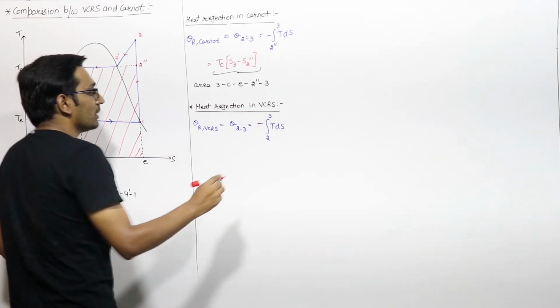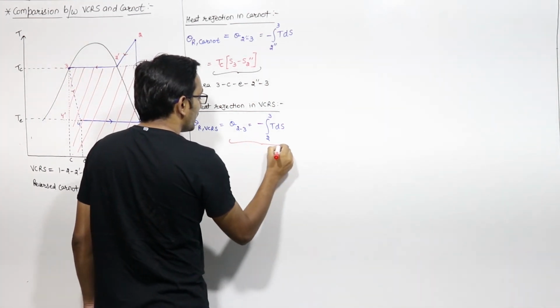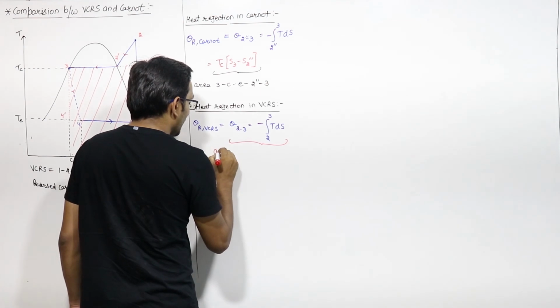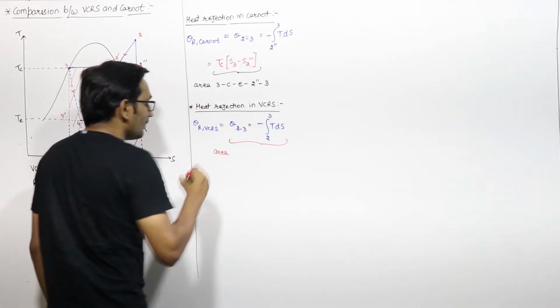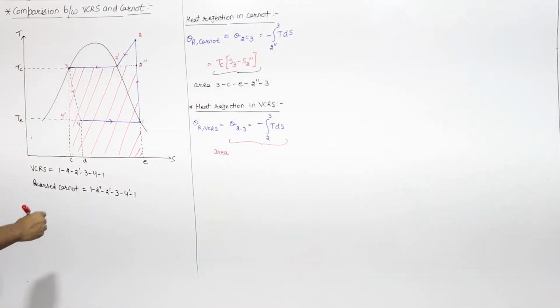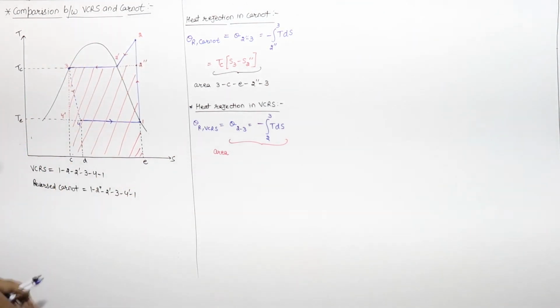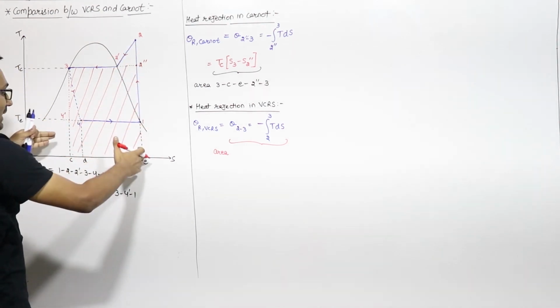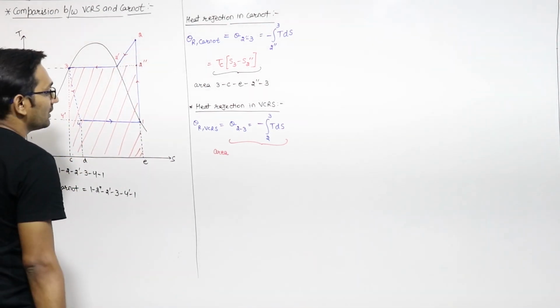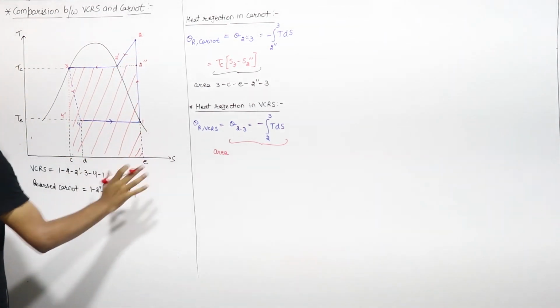But we know the value: it is the area under the Ts diagram between points 2 and 3 when projected on the entropy axis.